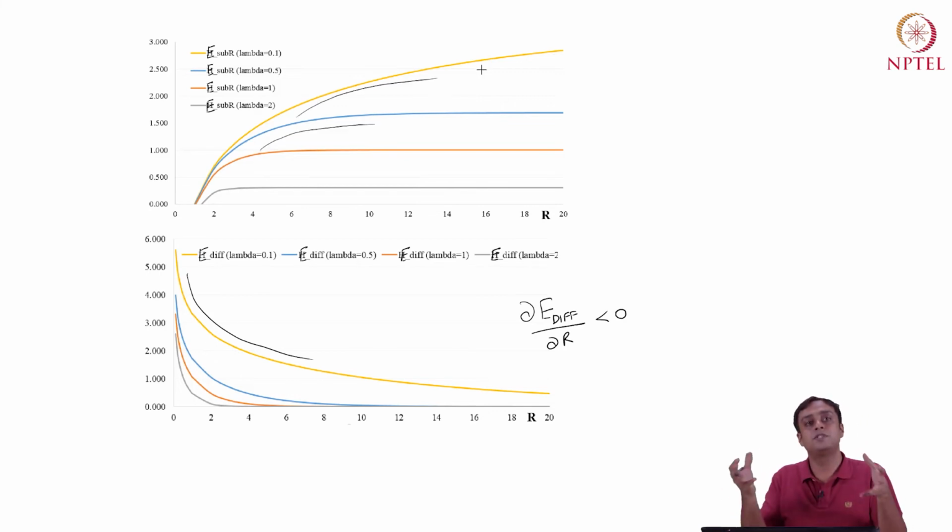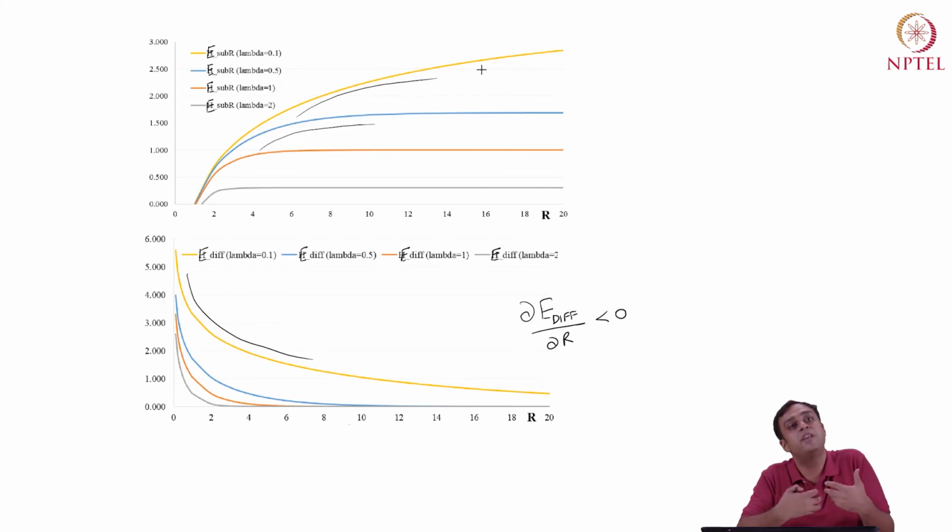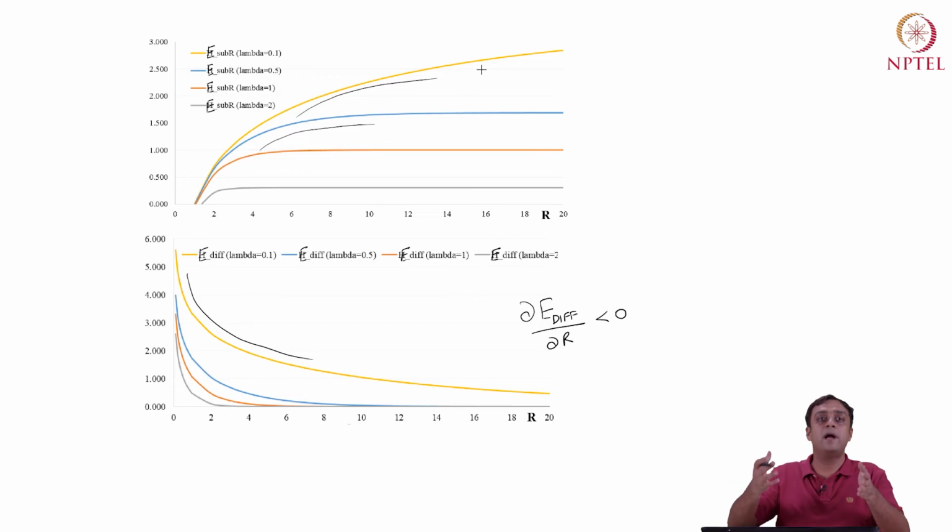So the shape is all determined by the analytical functional form of the distribution that we began with. So if we begin with a different distribution, let's say a truncated normal distribution, a Poisson distribution, a beta distribution, then all of these results will automatically change according to how the different parameters of those distributions behave.